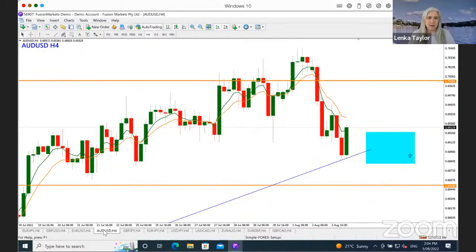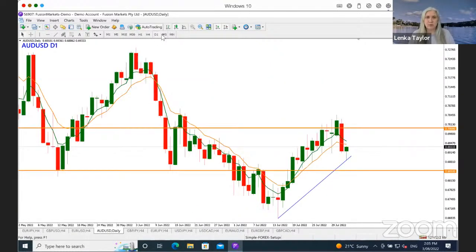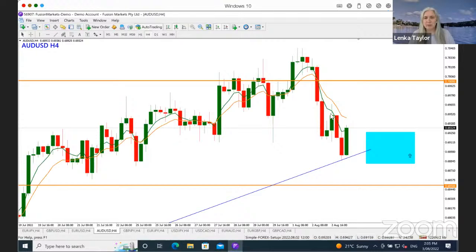The next currency pair I'm looking at is AUD/USD, and on AUD/USD, I'll be looking for long opportunities. On the daily, we have had a couple of weeks now of price action going up, so now it's in the pullback. On the 4-hourly, I will see when that pullback finishes, and I would be looking for long opportunities.